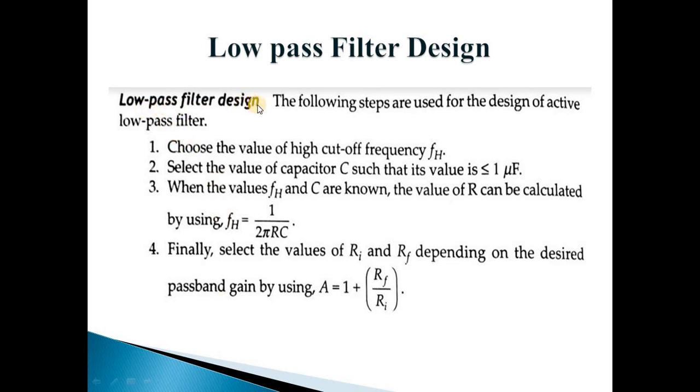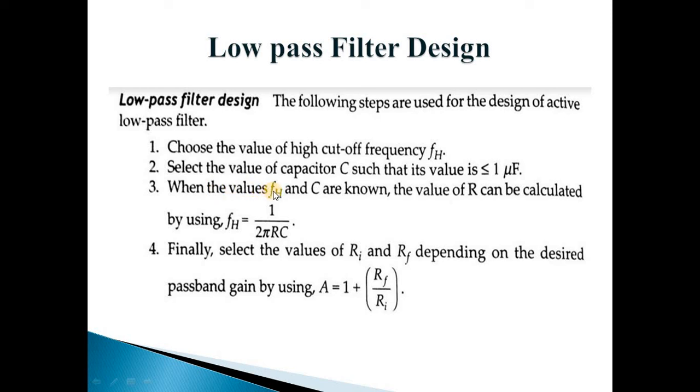Now, low pass filter design. The following steps are used for the design of an active low pass filter. Choose the value of the high cutoff frequency, that is fH or fC. Select the value of capacitor C such that its value is less than or equal to 1 microfarad.